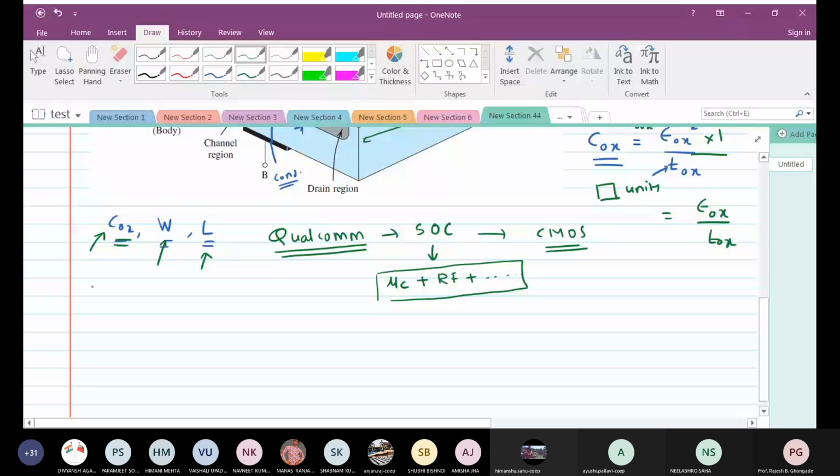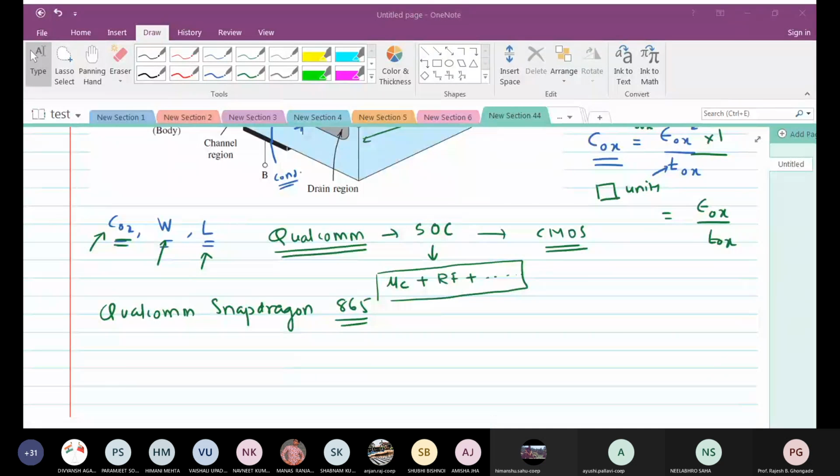Okay, this is interesting. Snapdragon 865, I'm just taking an example. Now, this series of SoC is again fabricated with CMOS technology. Number one, and number two, what are the other things that are given as a part of the description, the specification?